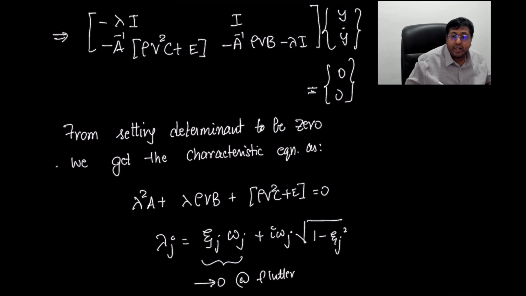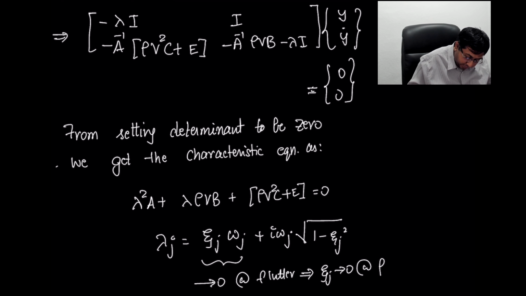Since omega itself is not going to 0, that would imply that it tends to 0 at flutter, right?